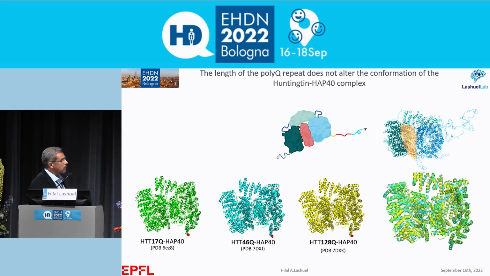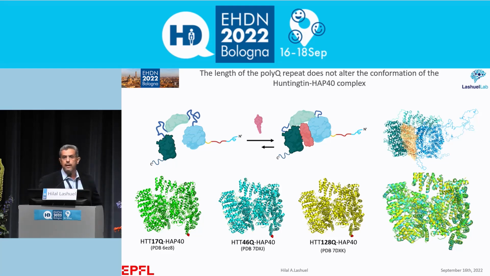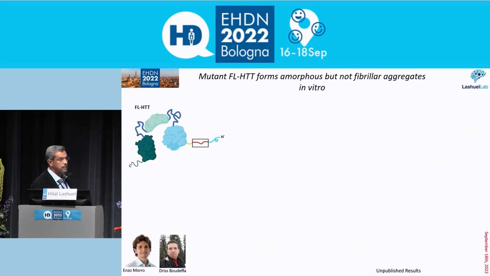And therefore, we thought probably one of the reasons is that when Huntington is bound to HAP40, the protein is too stable, and that most of the effect of these sequence changes in the protein could be exerted on the flexible, free state of the protein. And therefore, we asked the question, which many people have asked for years, but the experiment was never done: can we induce the full-length protein to aggregate, or does the full-length protein aggregate?